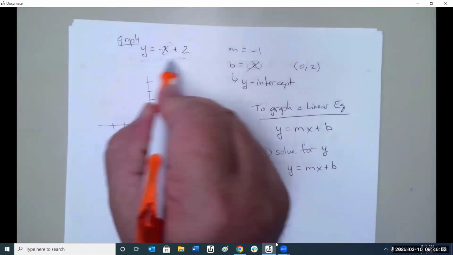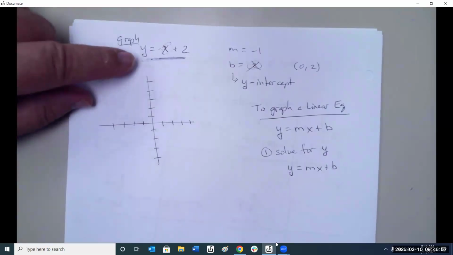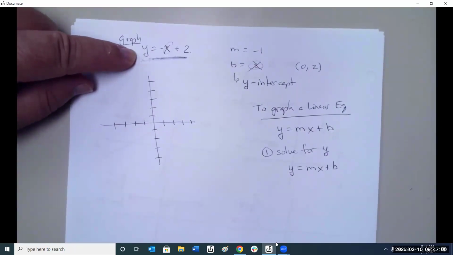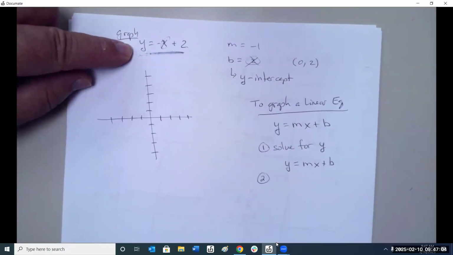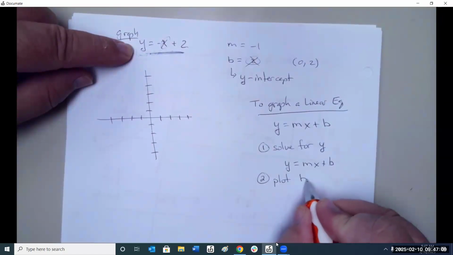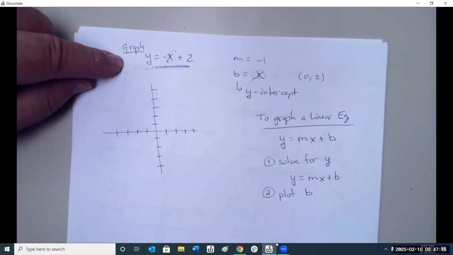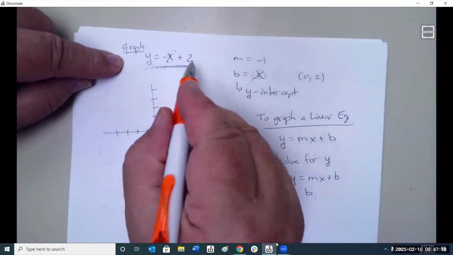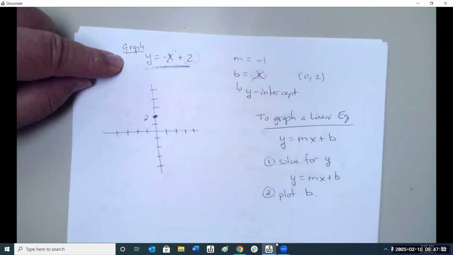We're going to be using this example up here. Check. Y is by itself. Step 2. Plot B. Plot your y-intercept. So in this equation, my y-intercept is 2. I put a dot at 0, 2.